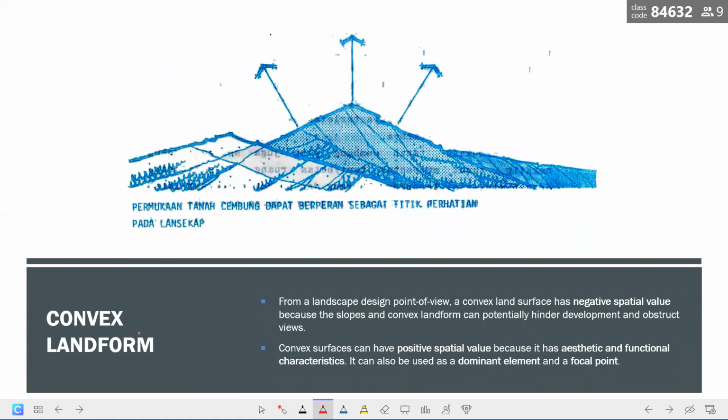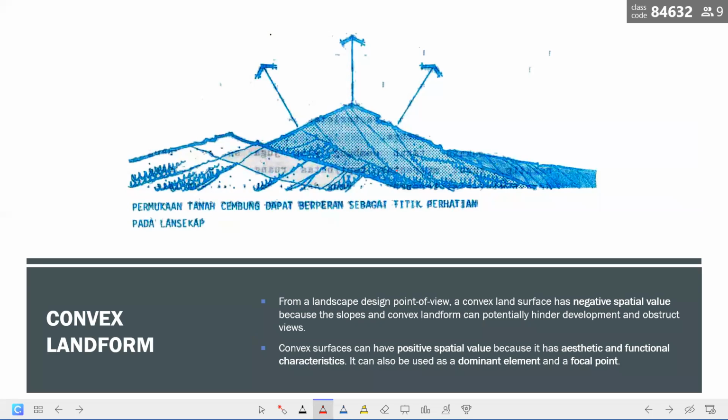Convex surfaces can also have positive spatial value because of their aesthetic and functional characteristics. It can also be used as the more dominant element, as a landmark, as a focal point of your development.